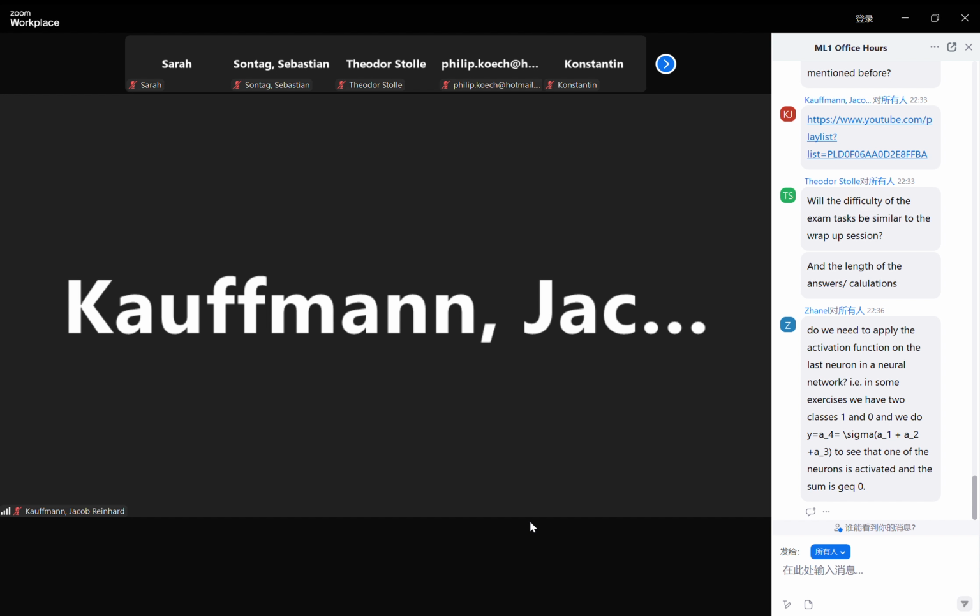There are some problems where the output needs to be in a certain domain, like between 0 and 1, and then you apply a sigmoid. The sigmoid puts it between 0 and 1, and tanh puts it between -1 and 1.